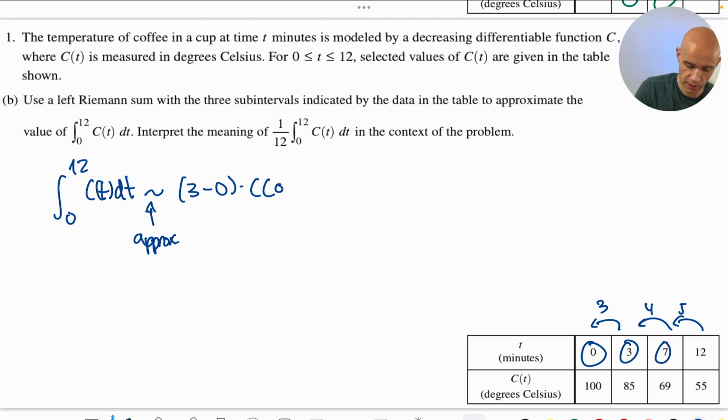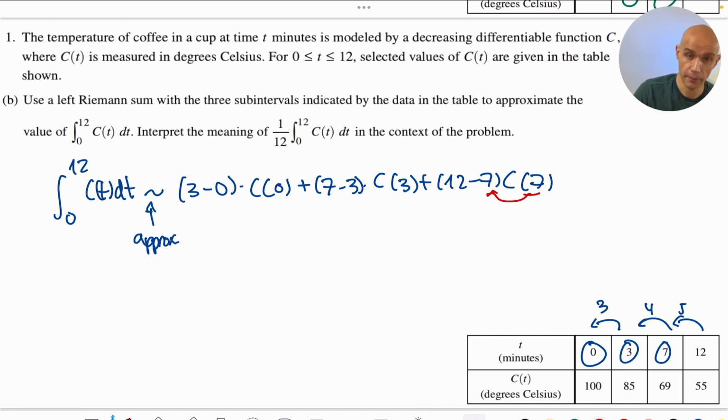So C of 0 is the first value, plus 7 minus 3 times C of 3, plus 12 minus 7 times C of 7. Notice that our 7 is the beginning, kind of the base. If it were a right sum, it would be C3, C7, and C12.